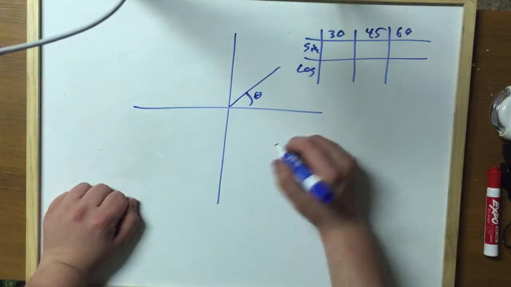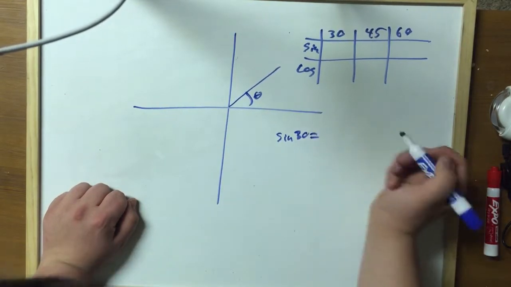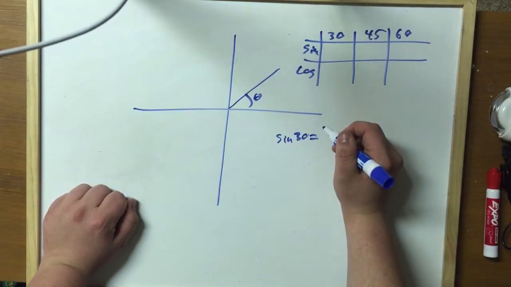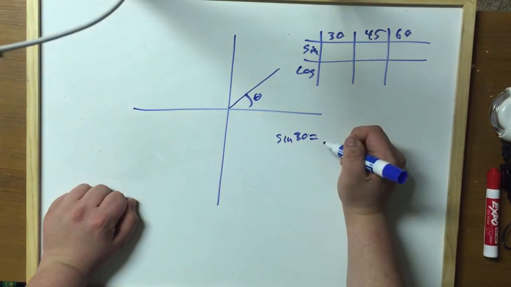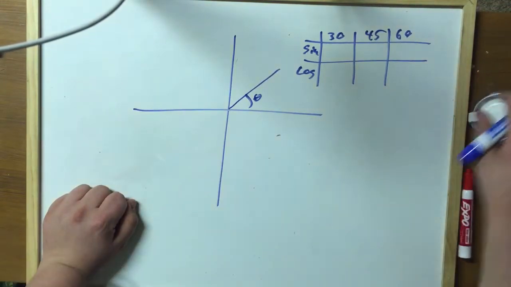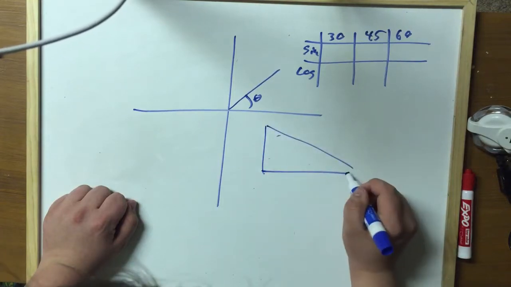So, the sine of 30 degrees is equal to, oh man, I don't remember offhand, but I'm just going to draw this. Here's my nice triangle.